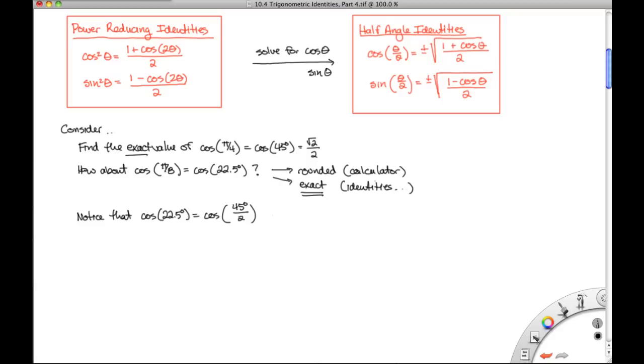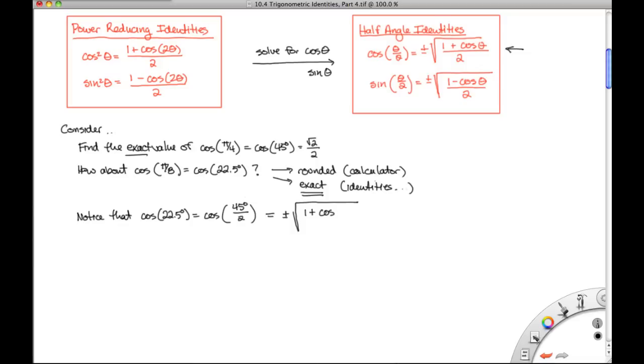So what we're going to consider here is using this first half angle identity. This is where the most common mistake comes in. I know that I can use the half angle identity here, and that this is going to be plus or minus the square root of 1 plus the cosine. Now, what is the theta that's involved here? Well, the theta is not 22.5 degrees or 45 degrees divided by 2.